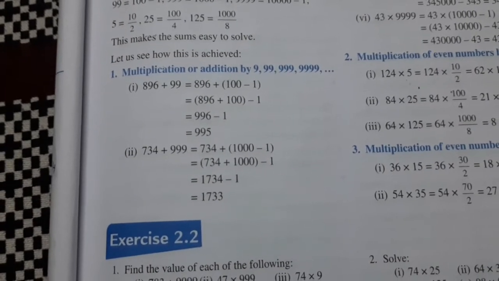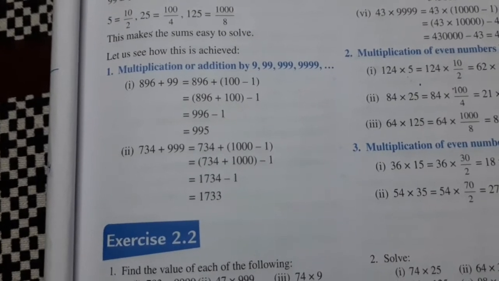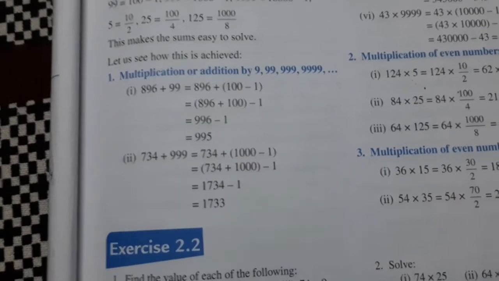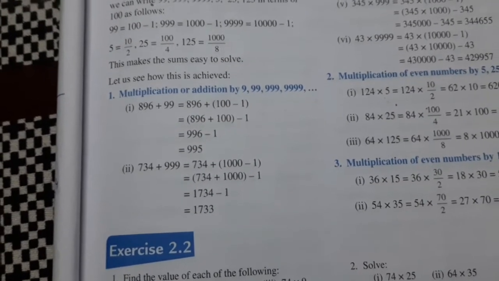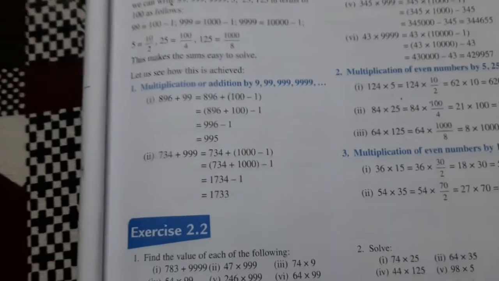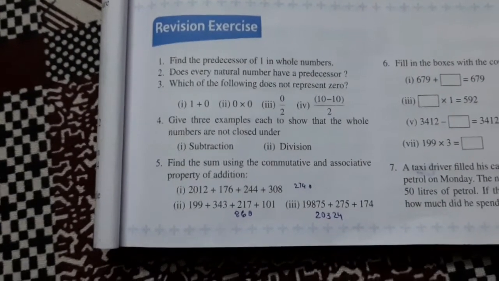Now you have to use distributive property, shortcut method, or any other property to make the calculation easy. Now suppose I ask you to use any suitable property, then how are you going to do it? See, these questions are already given. You can see here in revision exercise question number 5.